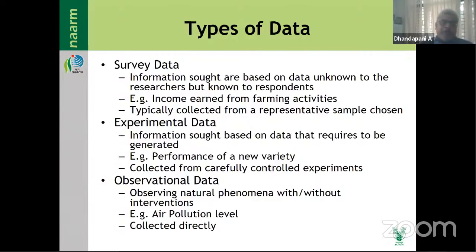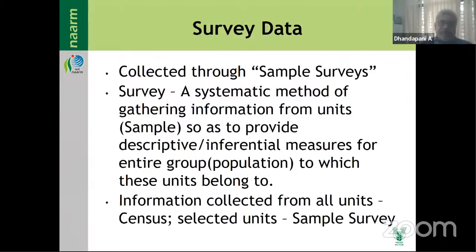Where we are going to use these sampling techniques, the first thing is we need to know some information, and that information is not available with us, but it is available with our respondent. So we need to collect it. For that purpose, we will be using survey data. It is usually collected through a sample survey.